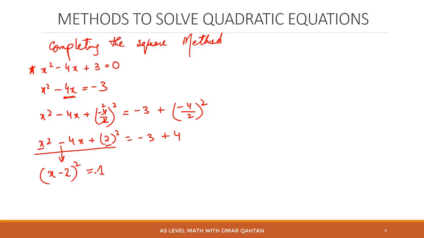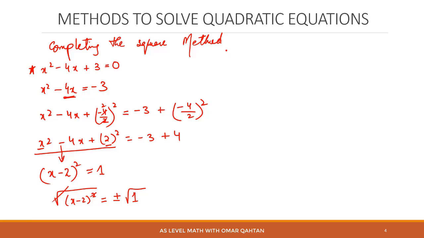Now we have to further simplify it, as we know that when we have the square, we take the square root on both sides. So x minus 2 whole square is equals to plus minus, because we are taking root on both sides, this square will cancel by the root.